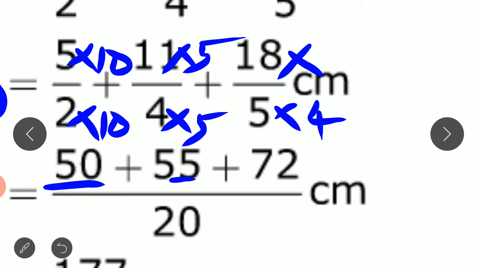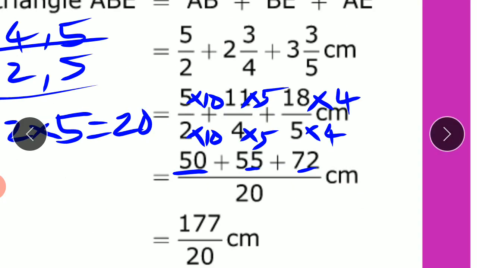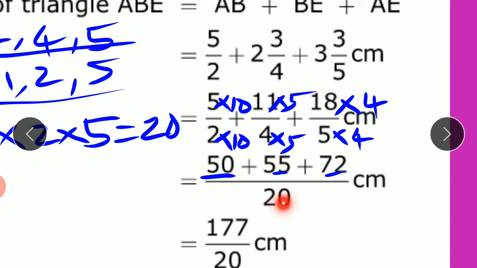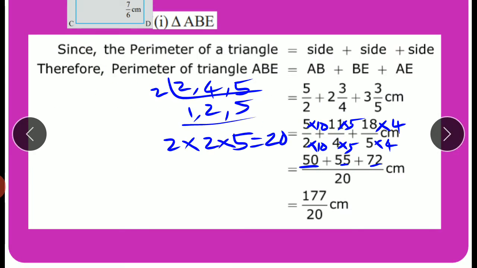With the same factor 4, multiply the numerator 18. 18 fours are 72. So now we received the answer like this. Let's simplify the numerators: 50 plus 55 plus 72, that is 177 by 20 centimeter.